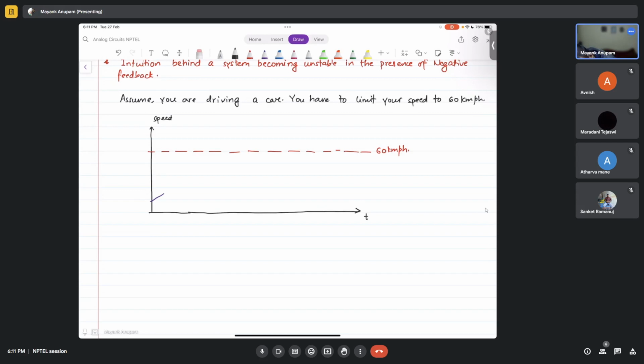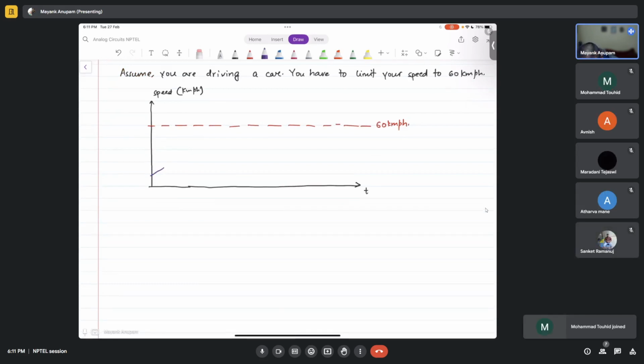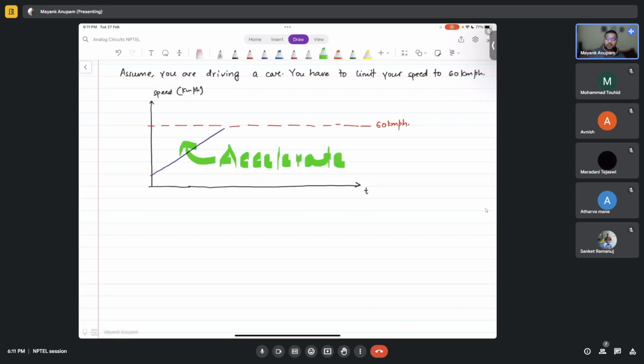All right, now let's say you have started with this speed, and now you go up like this. You are accelerating, right? You're accelerating here. Then when you reach this point, 60 kmph, you will slightly overshoot, right?